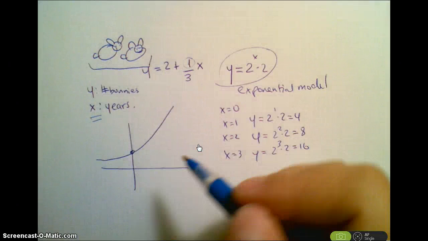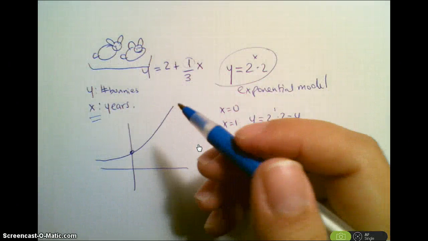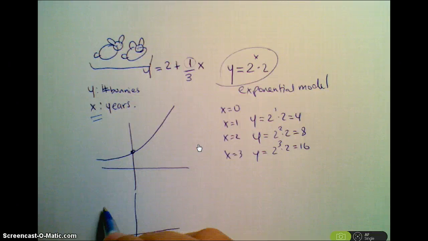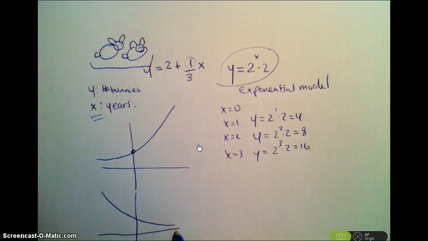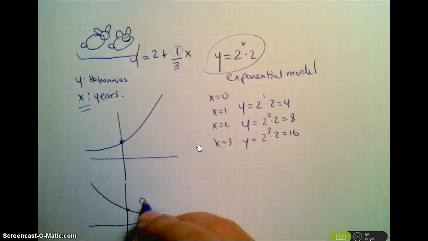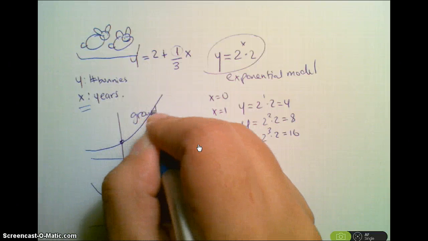In this case, because the population is doubling, this is exponential growth. In case the population wasn't growing for some reason, maybe some kind of disease, then this would be decay. That's what decay looks like, and that's what growth looks like.